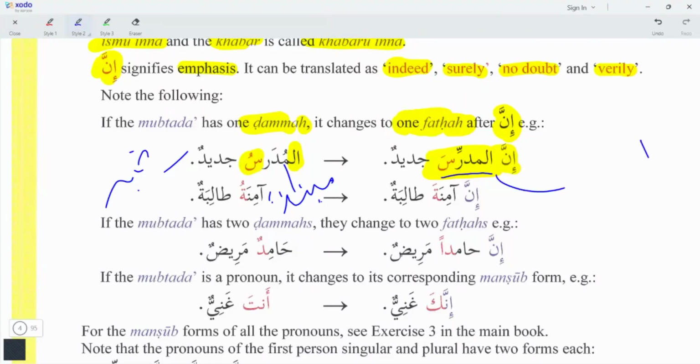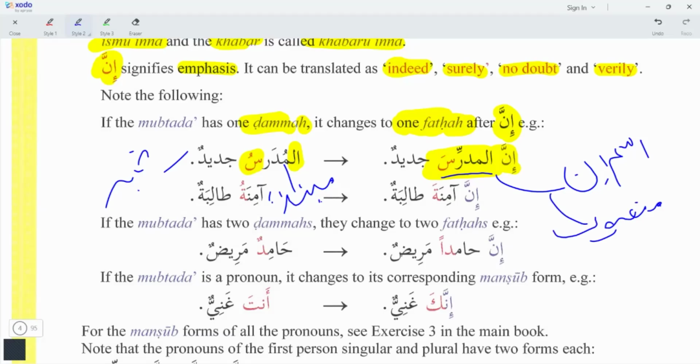It is ismu inna. Al-mudarrisa is ismu inna, and ismu inna is always mansub.